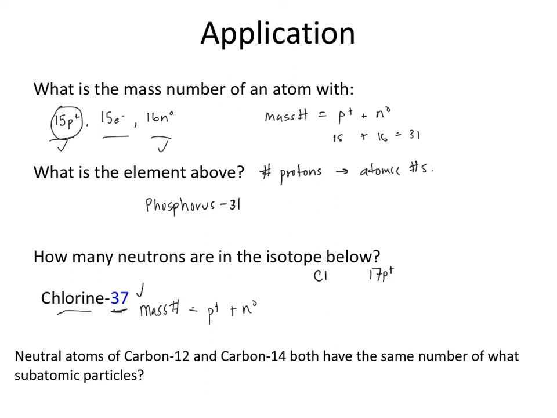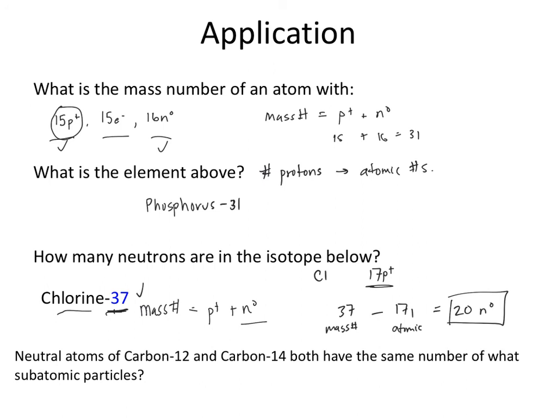So the difference between our mass number and the 17 protons will give us the remaining neutrons. So 37, which is our mass number, minus 17, which is our atomic number and represents our number of protons, is going to give us a total of 20 neutrons. That's how many neutrons are in the nucleus of a chlorine-37 isotope.